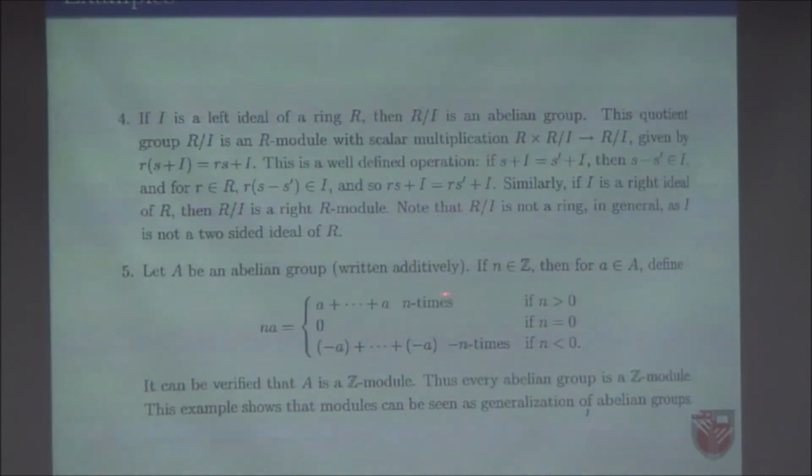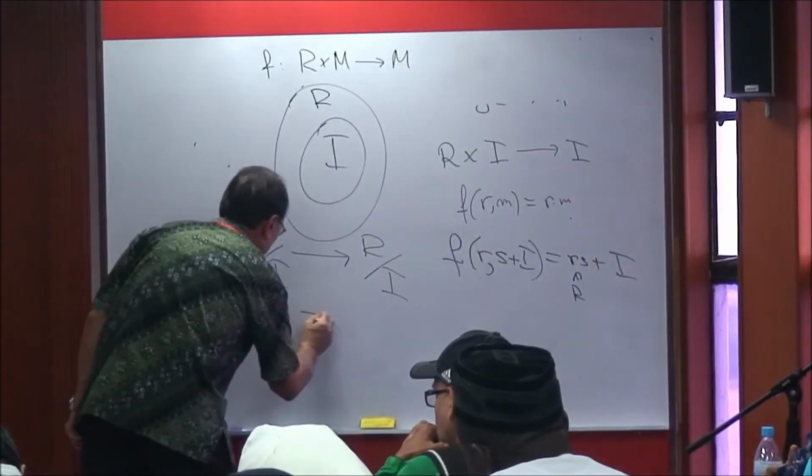Thus you will get the action of Z on A. You will get Z cross A to A.